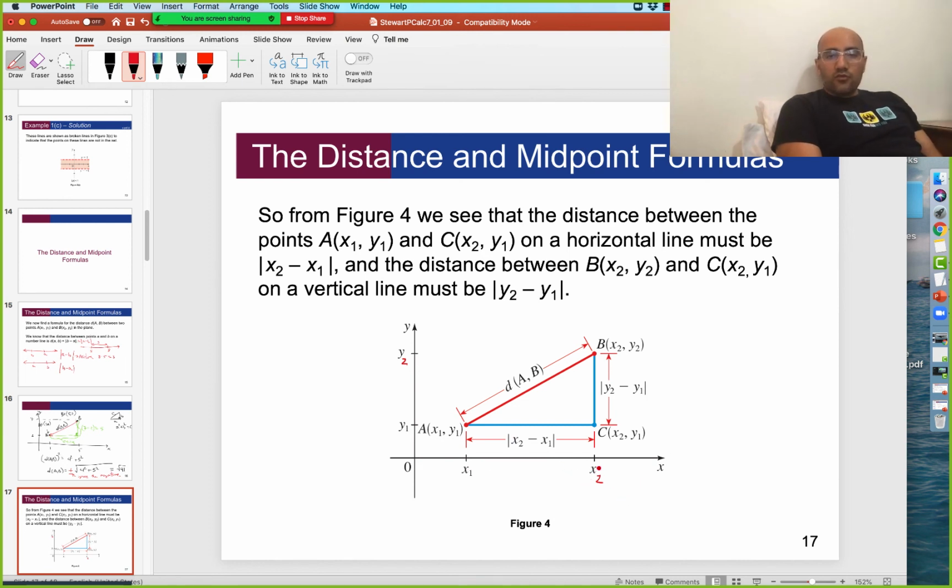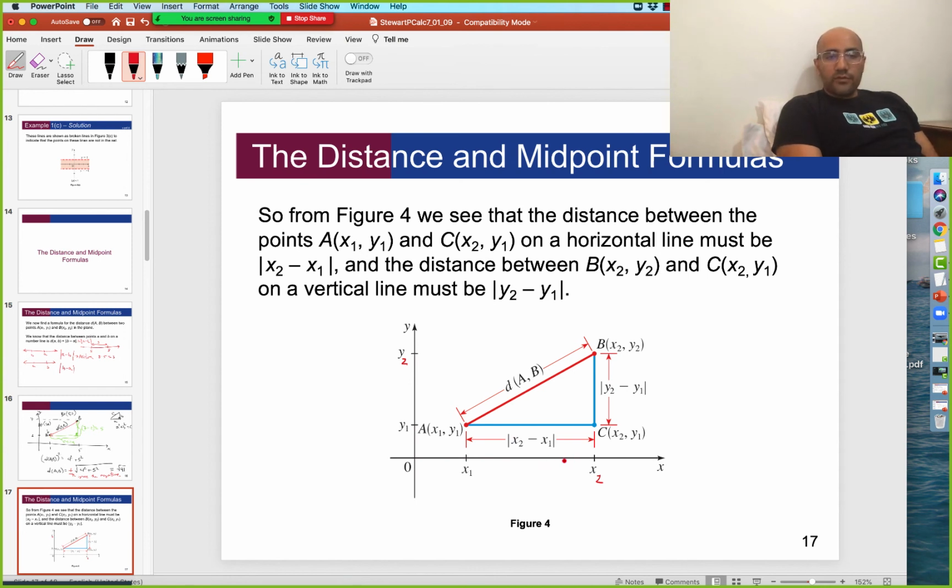We're just drawing a picture to visualize this. Nobody really told me that x sub 2 belongs there. It could be that x sub 2 is there and x sub 1 is there. So we don't know which one's smaller and which one's bigger. When we don't know, we put the absolute values to guarantee that we get the distance between them. It eliminates the possibility that we accidentally get a negative number.